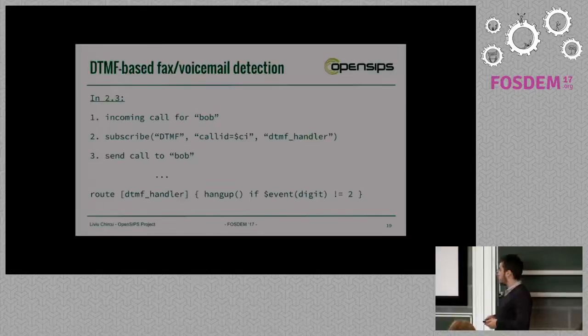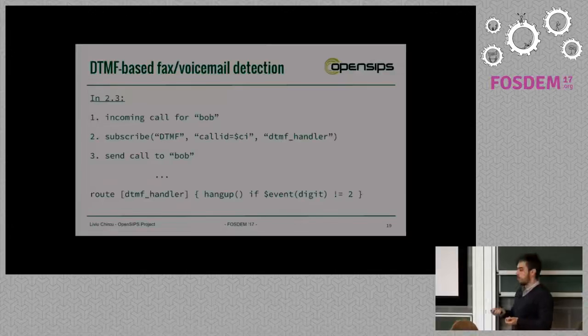Another possible application would be that it opens the door to automatically detect robots on the other side. So I mean, fax machines or voicemail. With this in mind, we would subscribe to a DTMF event linked to a certain call ID, and simply forward the call.